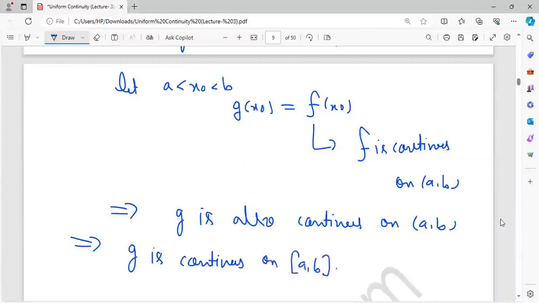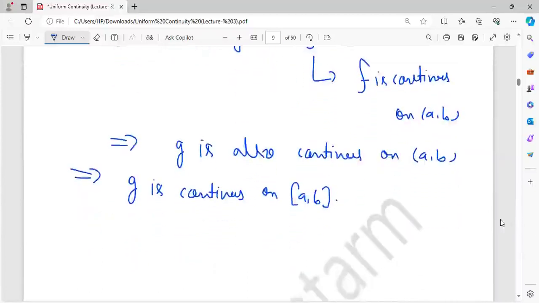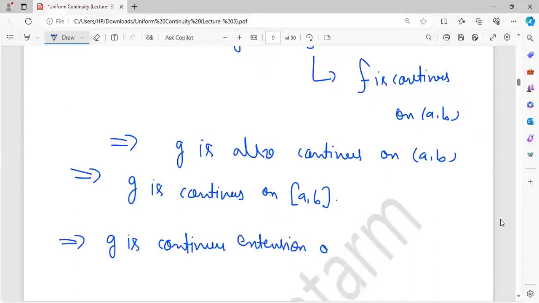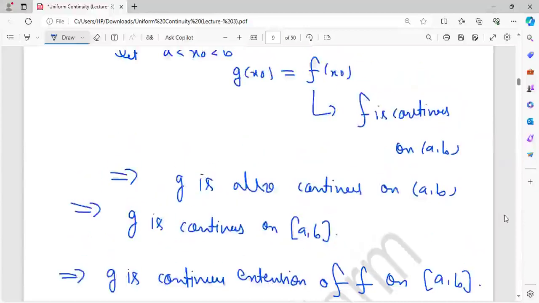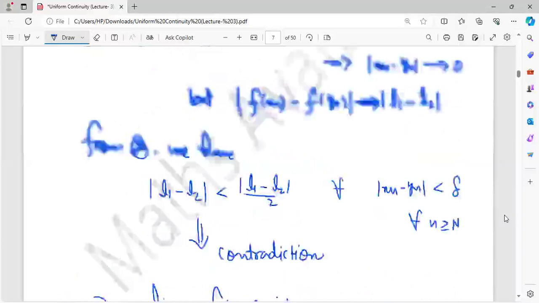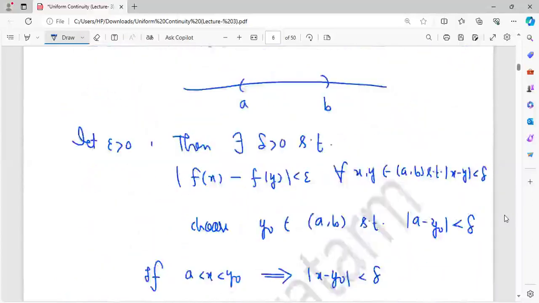Now I got a continuous function whose restriction on the open interval (a, b) is f. What does it mean? g is a continuous extension of f on the closed interval [a, b]. So we have proved 2 implies 3.